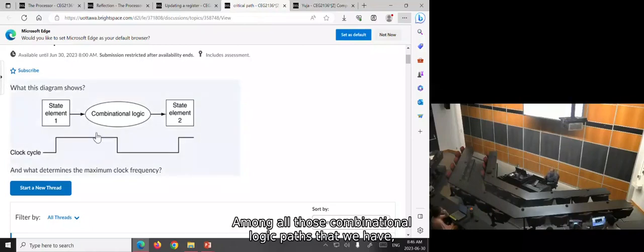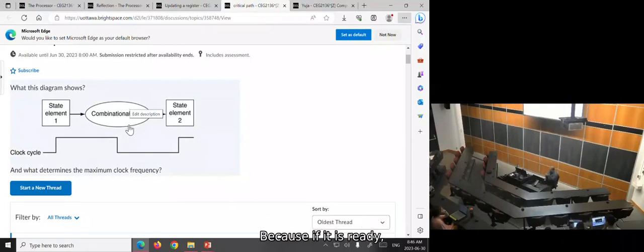So among all those combinational logic paths that we have, we should consider the longest one, because if it is ready, then everything else would be ready because they are shorter. So we should consider the longest path, and that longest path would be the critical path. And that would determine the clock frequency. Okay?